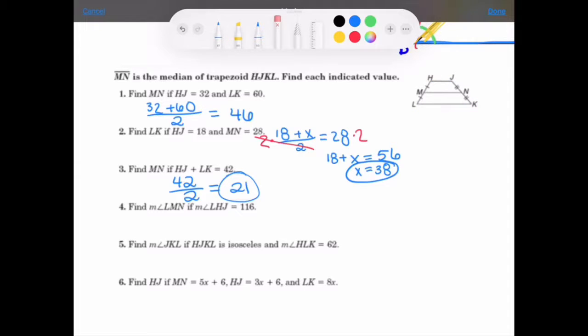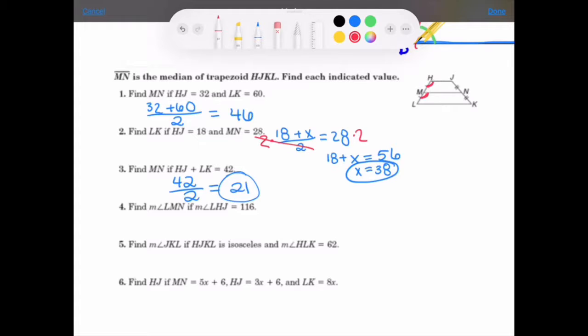Number 4. Find the measure of angle LMN, which is right here, if the measure of angle LHJ is equal to 116.